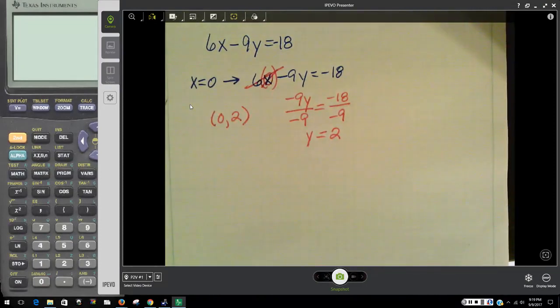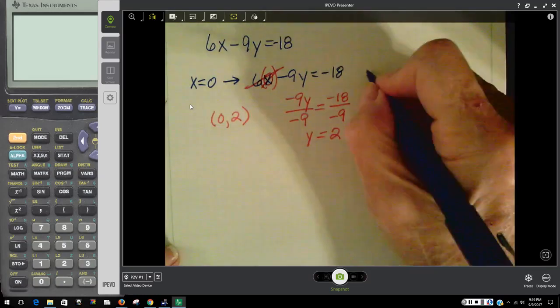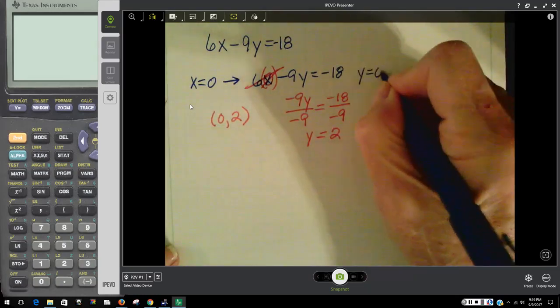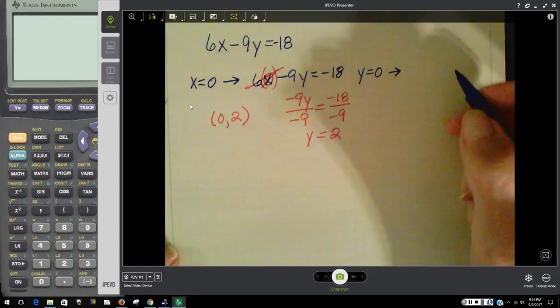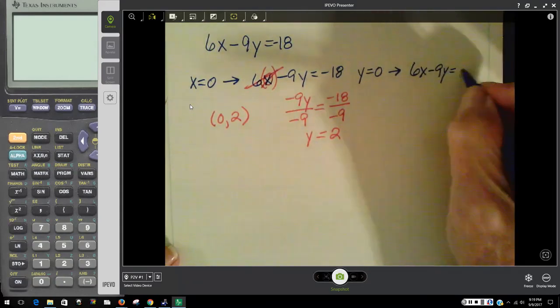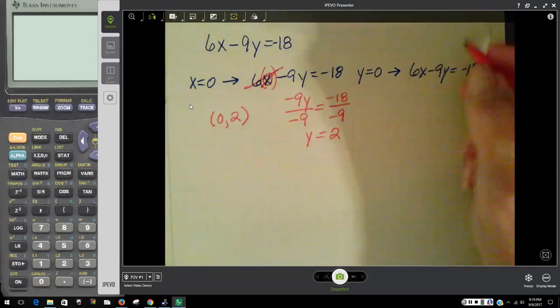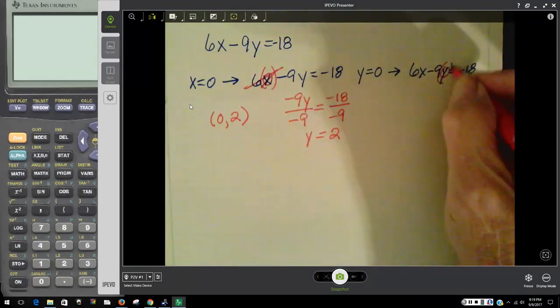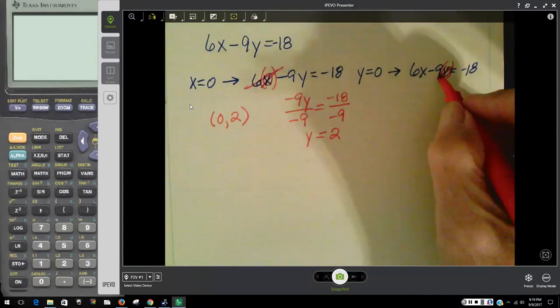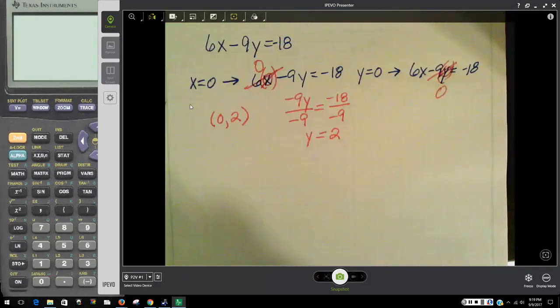And then, similarly, we let y equal 0, which means we have 6x minus 9y equals negative 18. And we're going to let y be 0, which means 9 times 0 is 0, just like 6 times 0 was 0.